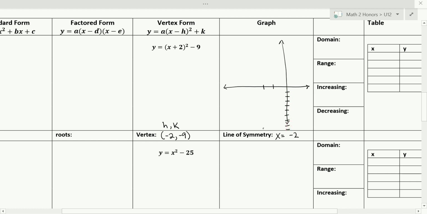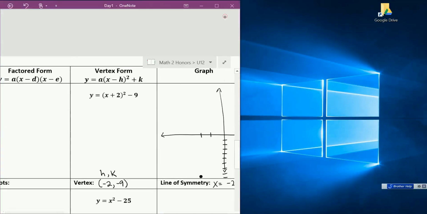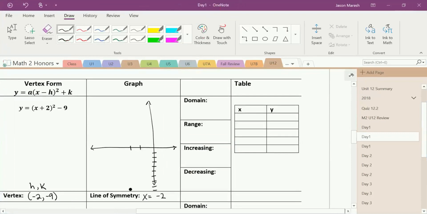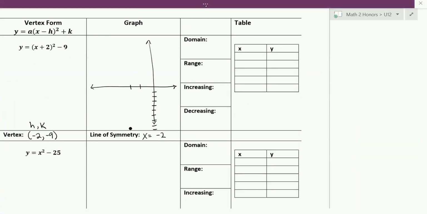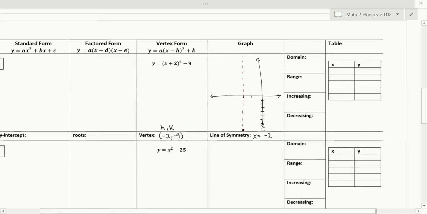So the vertex is way down there. And here's our middle. All right. That's about as much as we can do from vertex form.